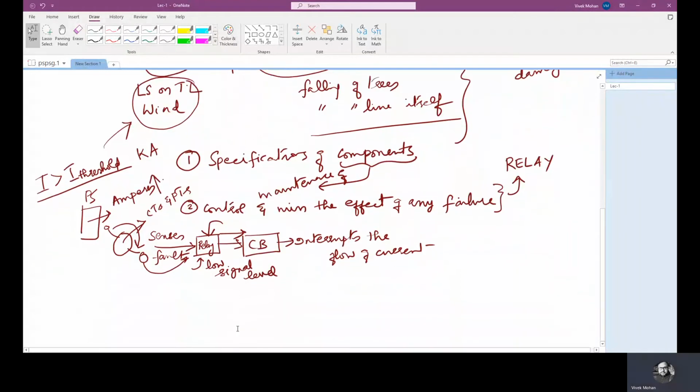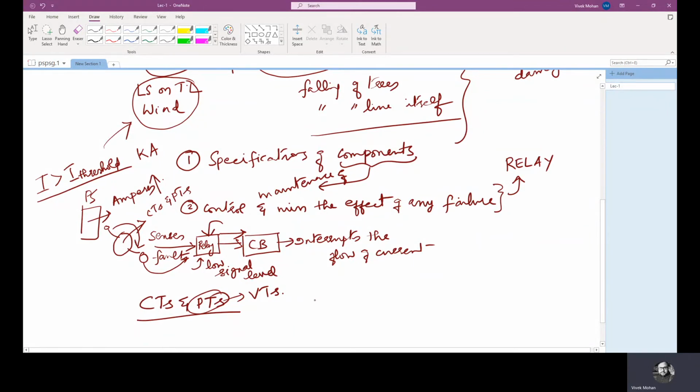Now, CTs and PTs. We have already introduced and discussed CTs and PTs. PTs can also be known as VTs, voltage transformers. CTs and PTs acquire information about the power system in order to locate a fault.